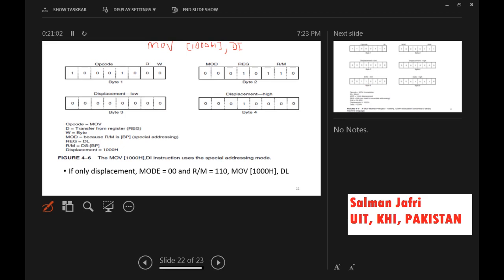Whenever we have direct addressing mode, if only displacement is there, our mode is fixed to be 00 and R/M is fixed to 110.